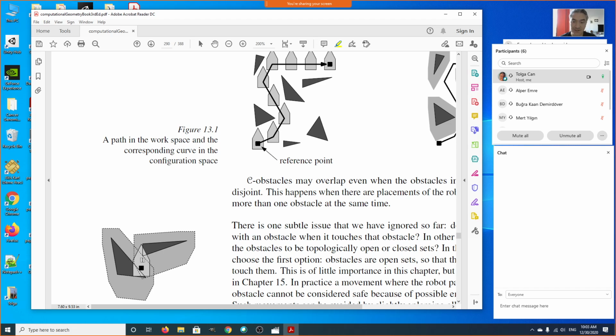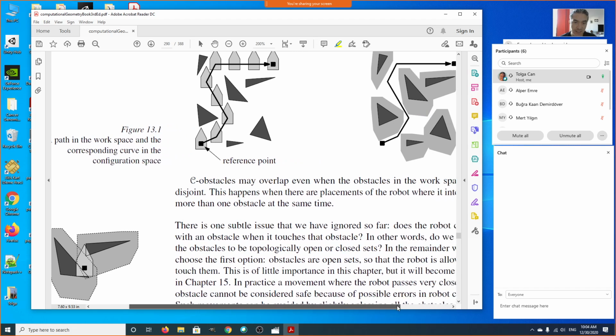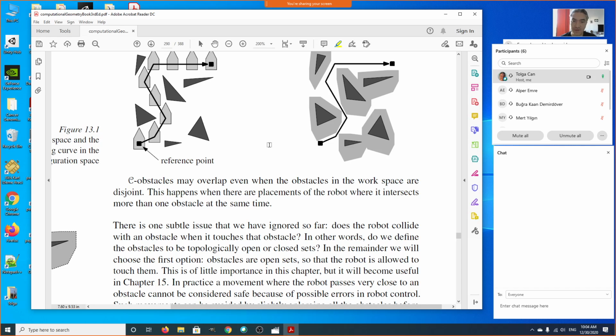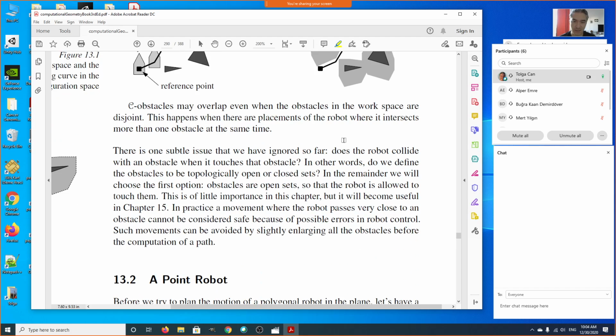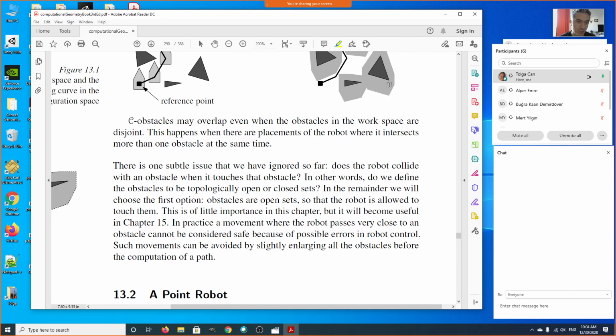So they may intersect. So just expanding these polygons will not be sufficient to find the configuration space obstacles. We may need to merge them together to form these polygons. Actually the book also talks about an algorithm to do just that.